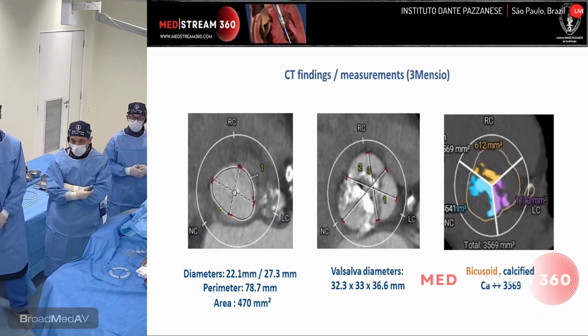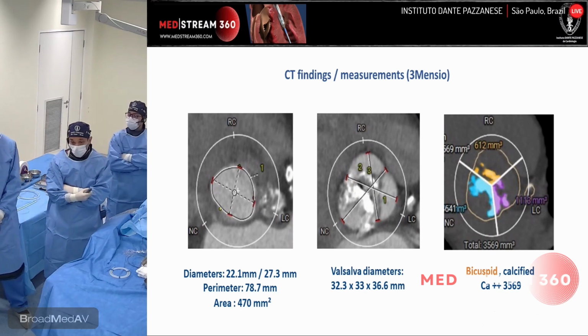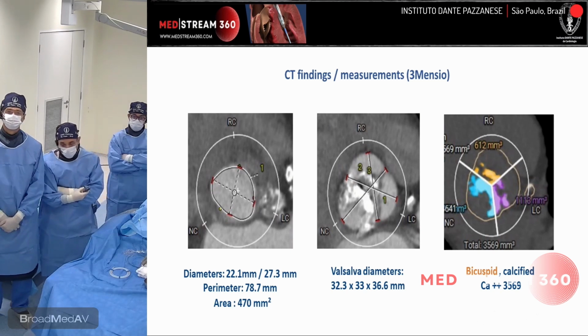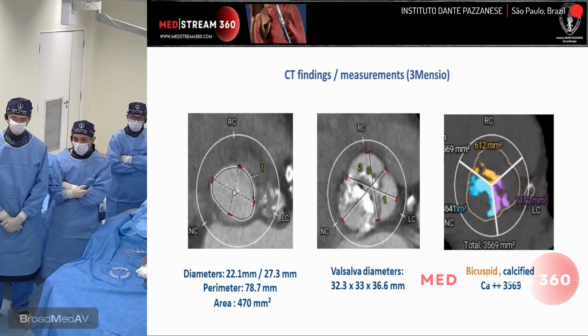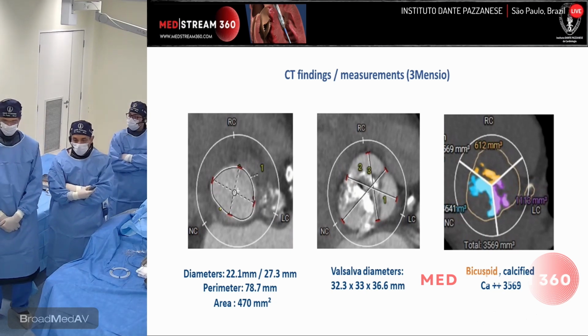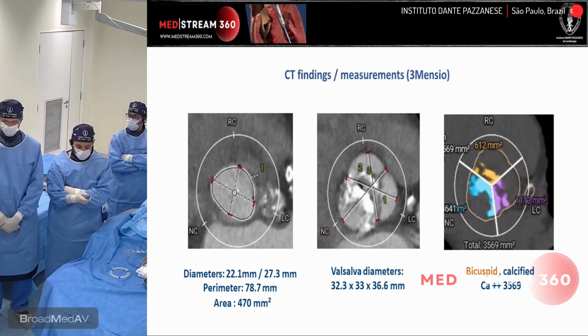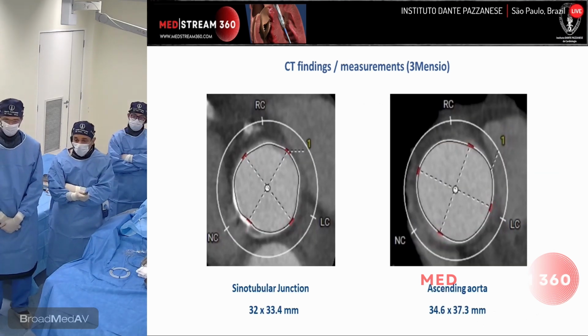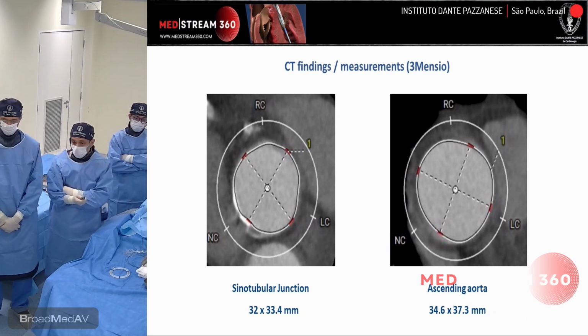The annulus is eccentric, like we usually see on bicuspid valves. Diameters are 22 by 27. The area of the annulus is 470 square millimeters. He has no ascending aorta dilation.